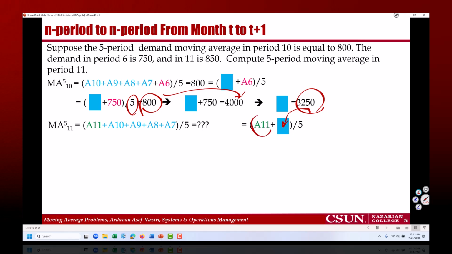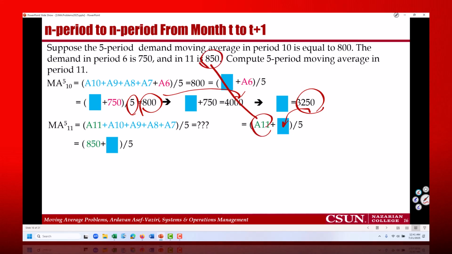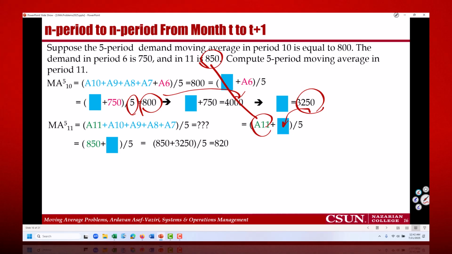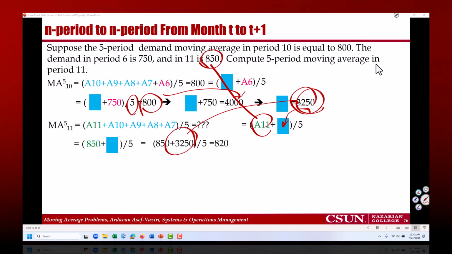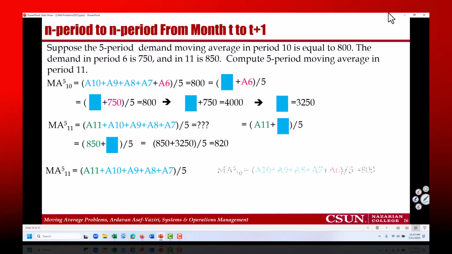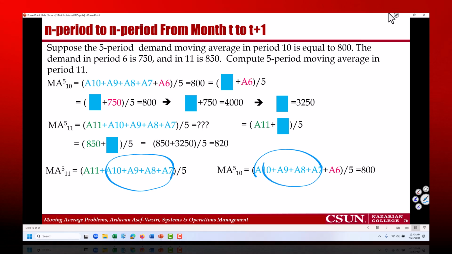Now I can take this blue and place it here. And I also have A11. 850 plus blue divided by 5, which is 820. If I look into these formulas, I see this part is common.